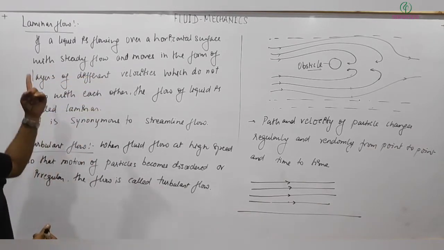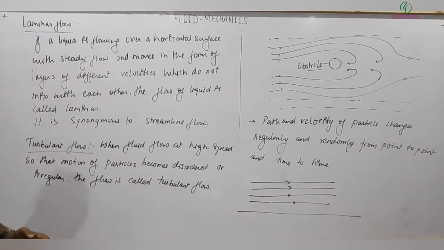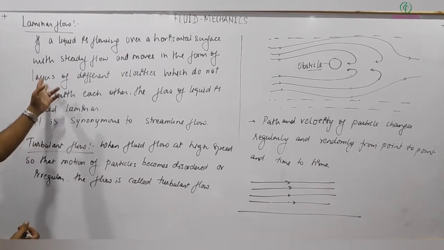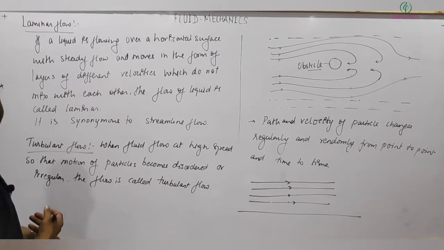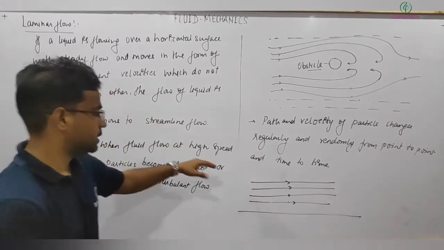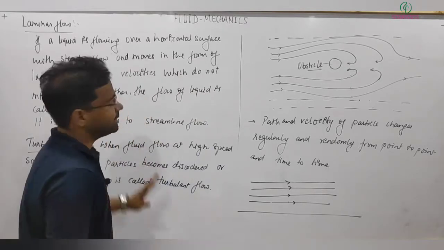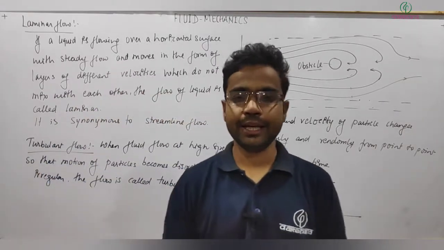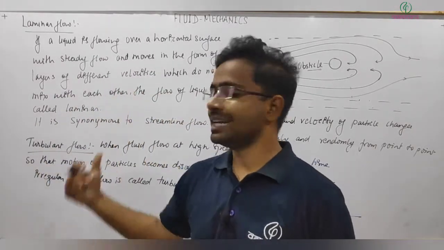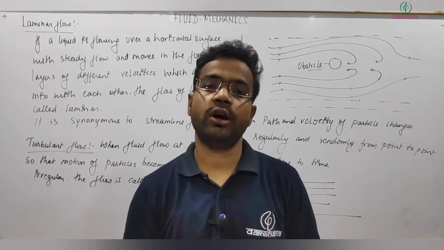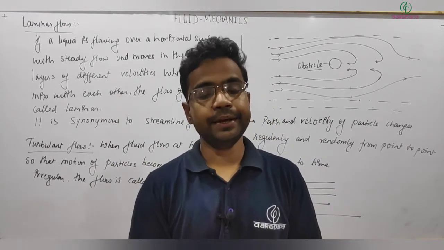If a liquid is flowing over a horizontal surface with steady flow and moves in the form of layers of different velocities which do not mix with each other, this is termed as laminar flow. Normally these categorizations are based on fluid velocity.